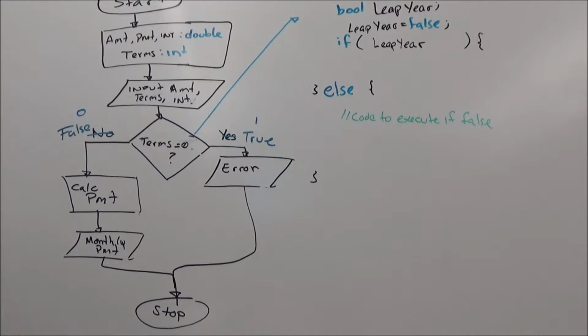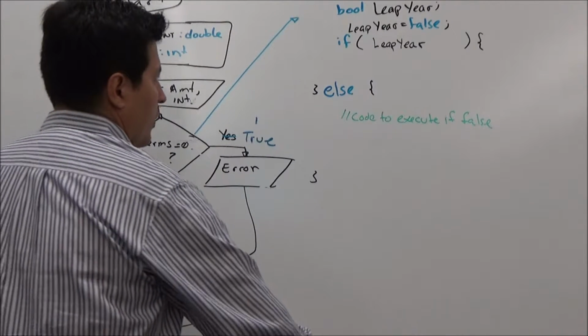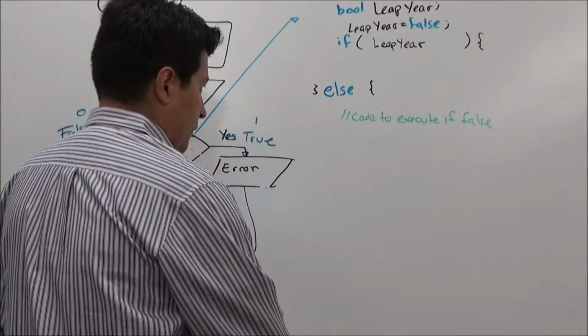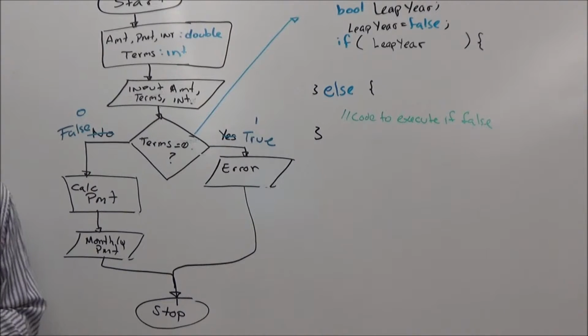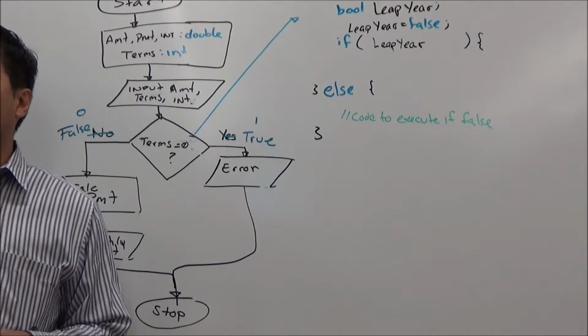What if I'm not using a variable? What if I'm using an expression? So if I use an expression, I'm going to write it down here. That means I need to perform some sort of test.